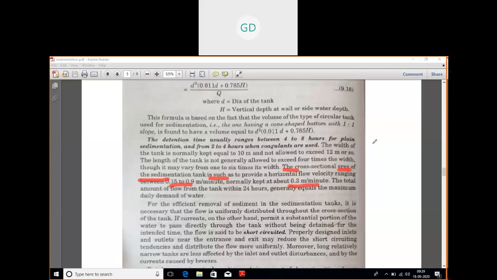0.15 to 0.9 meter per minute, normally kept at 0.3 meter per minute. So you can write the formula for horizontal flow velocity: it ranges between 0.15 to 0.9 meter per minute, and normally it is kept at about 0.3 meter per minute.